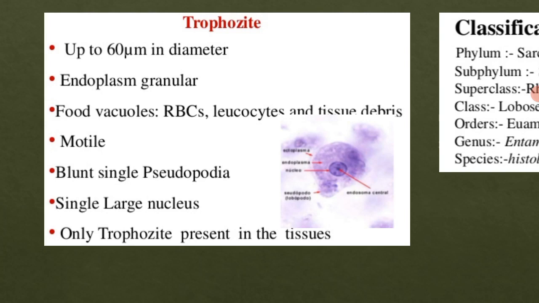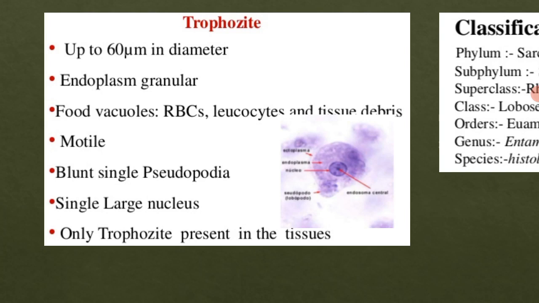In the trophozoite, it is up to 60 μm in diameter, with granular endoplasm. It will ingest RBCs, leukocytes and tissue debris, that means it will have them in food vacuoles.